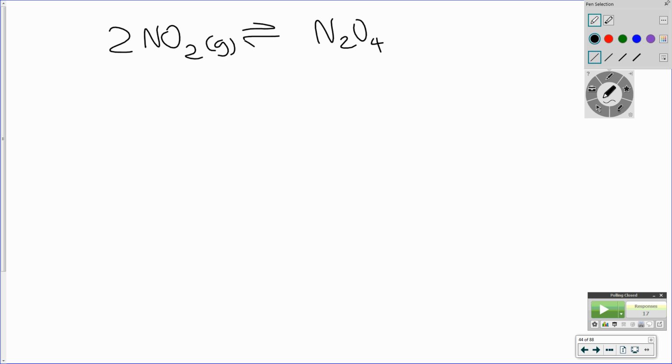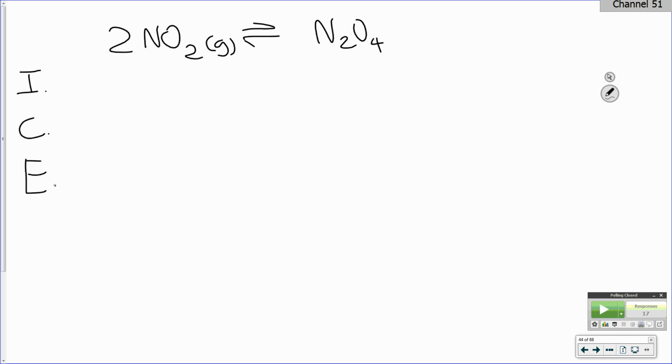So now I've got my reaction. If I look at the way that we write the ICE, I stands for initial, C represents change, and E represents what the concentration is going to be at equilibrium.